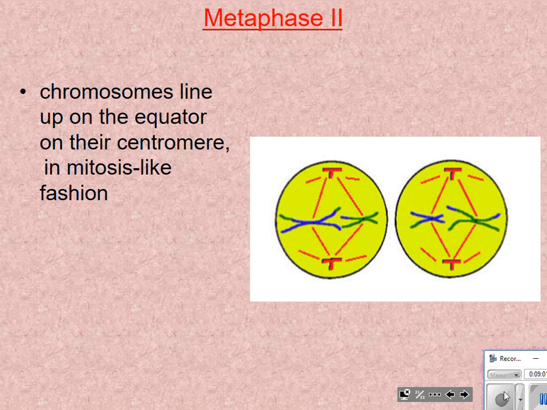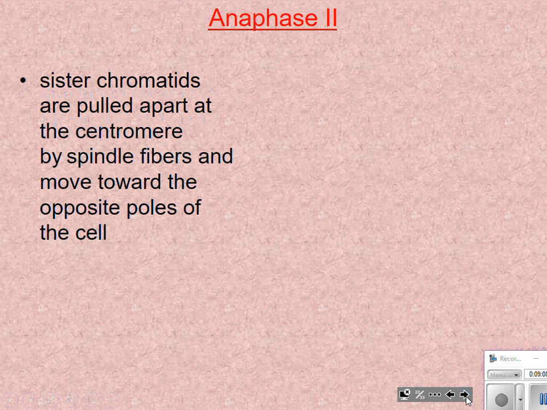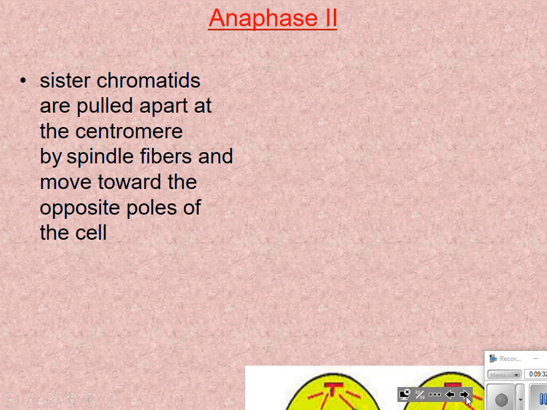So after metaphase 2 comes anaphase 2. The sister chromatids are pulled apart at the centromeres by the spindle fibers, and they are moving towards the opposite poles of the cell. So the sister chromatids are now splitting.